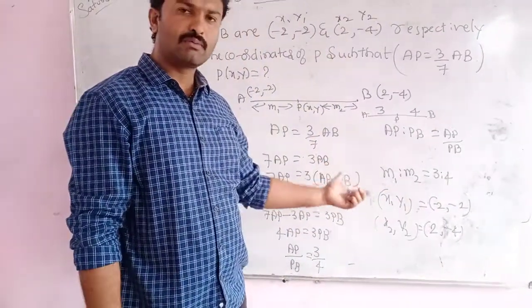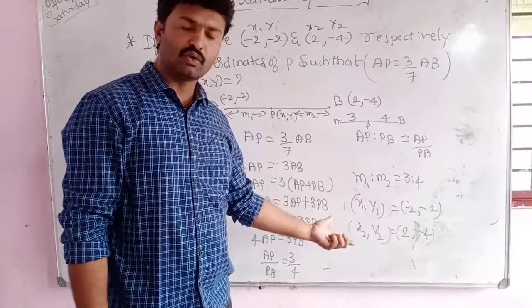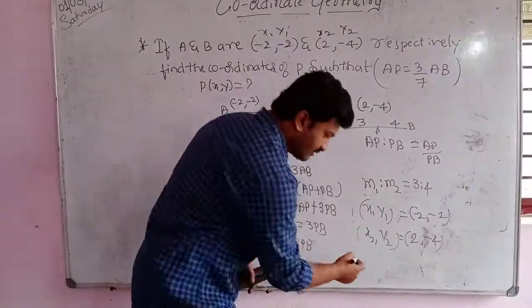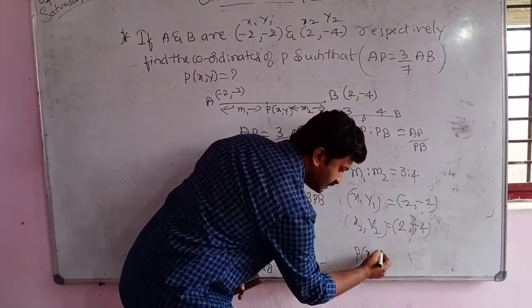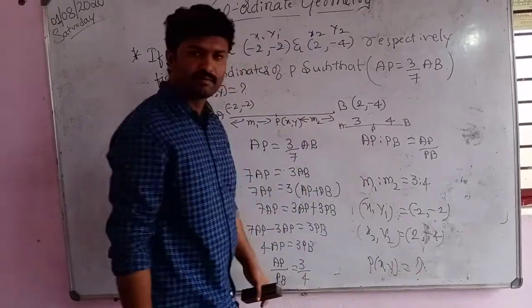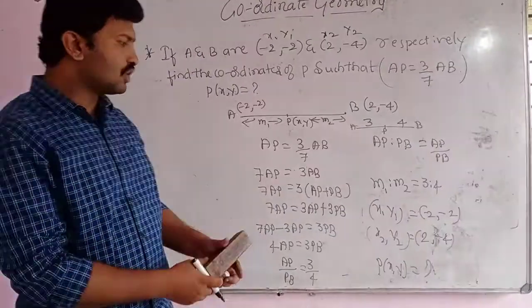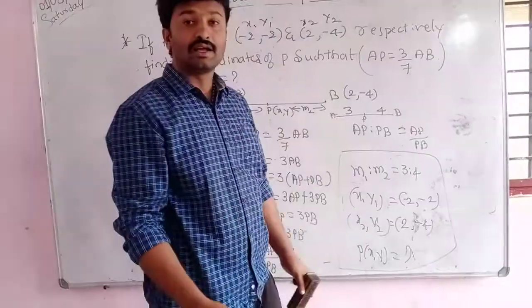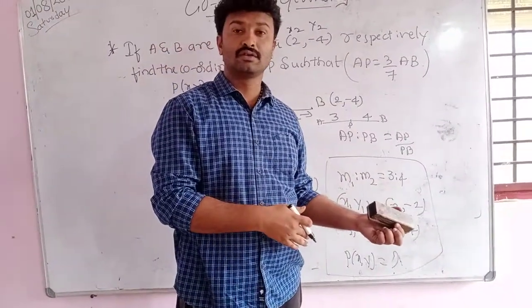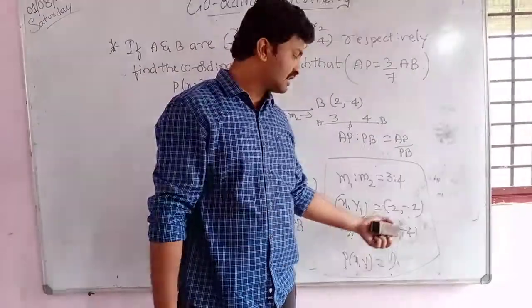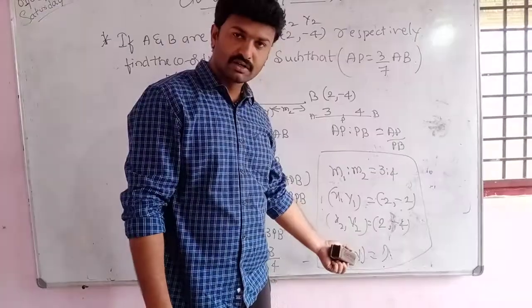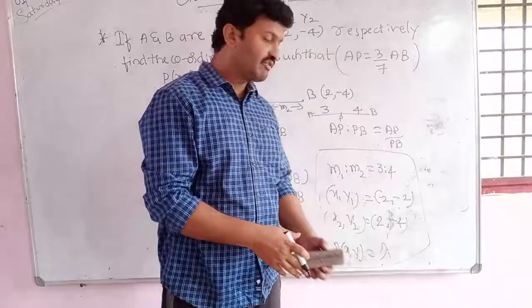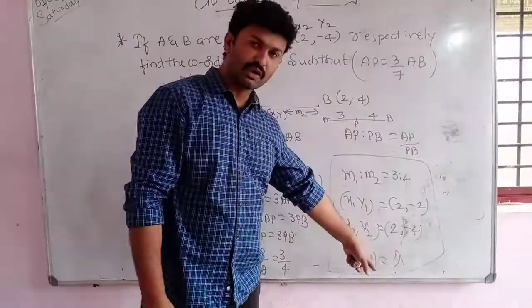After getting m1, m2, x1, y1, x2, y2, we can easily find out the values of P of xy, right? By substituting all these values in the section formula, you will get the value of P of xy.